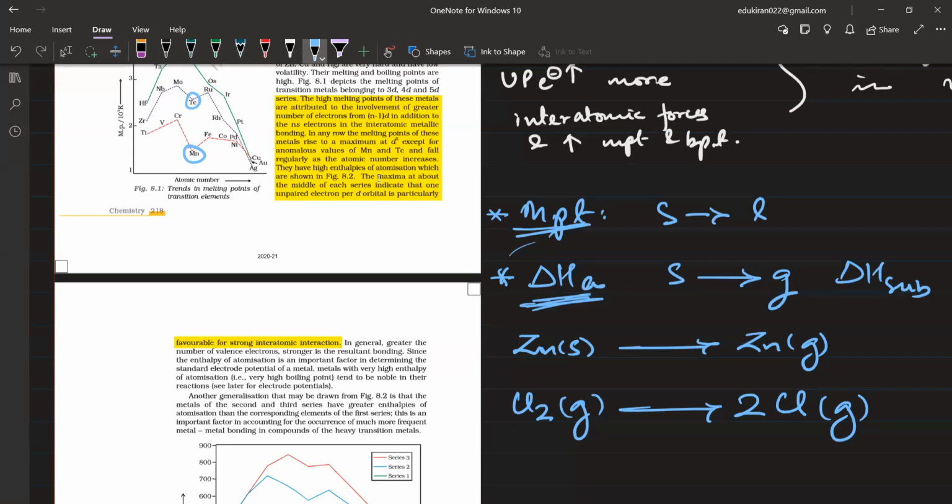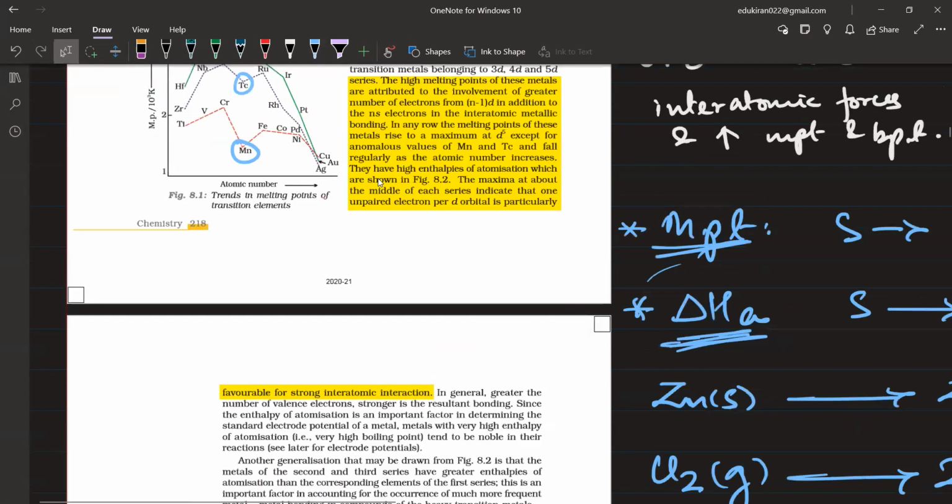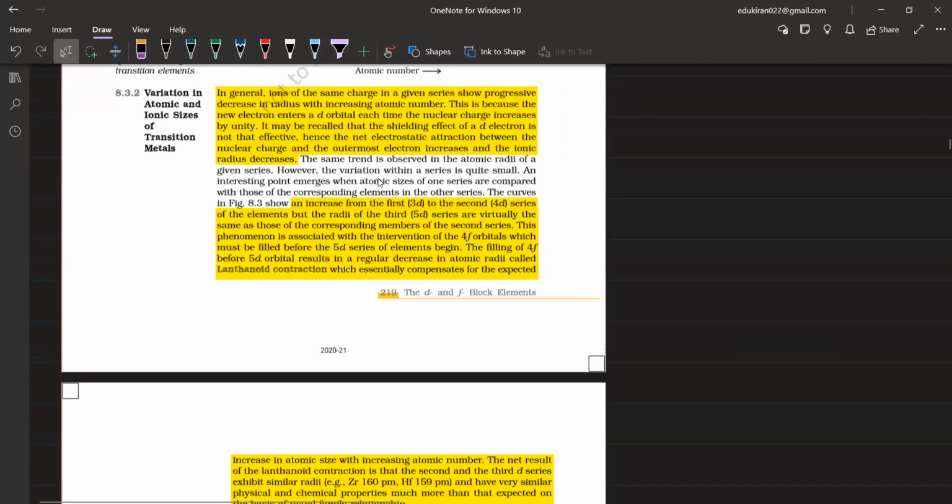Next is variation in atomic sizes of transition metals. Now, if I am going from scandium to zinc, then what is happening? Atomic number increases. ठीक है, क्या क्या चीजें हो रही हैं वो देख लीजिए आप.